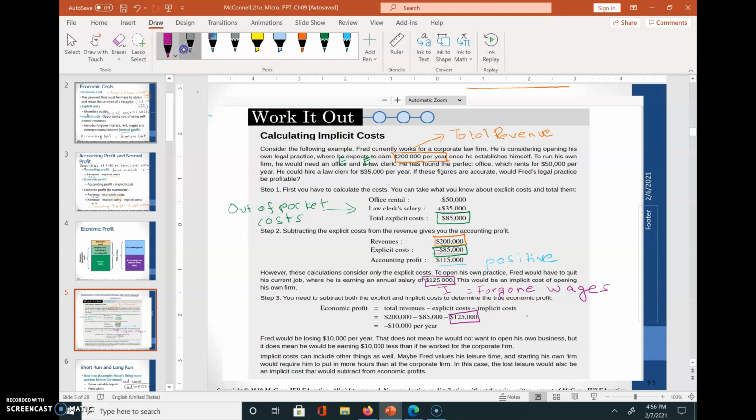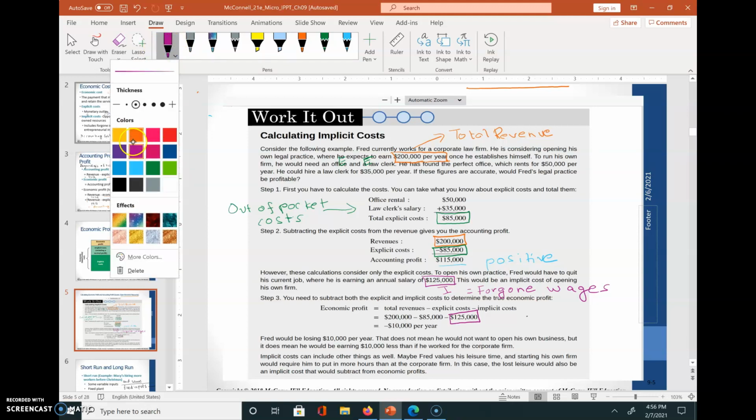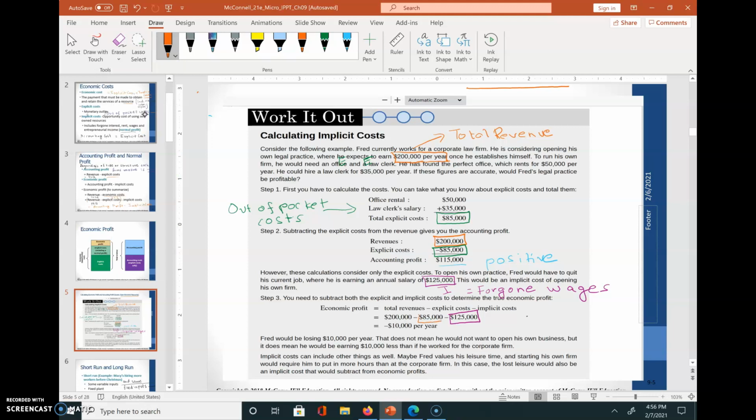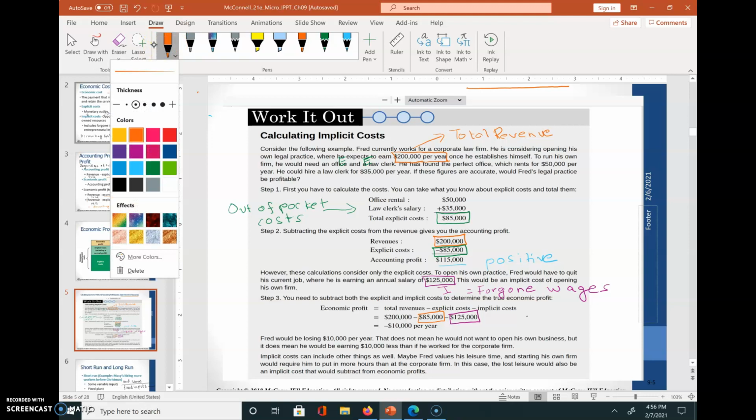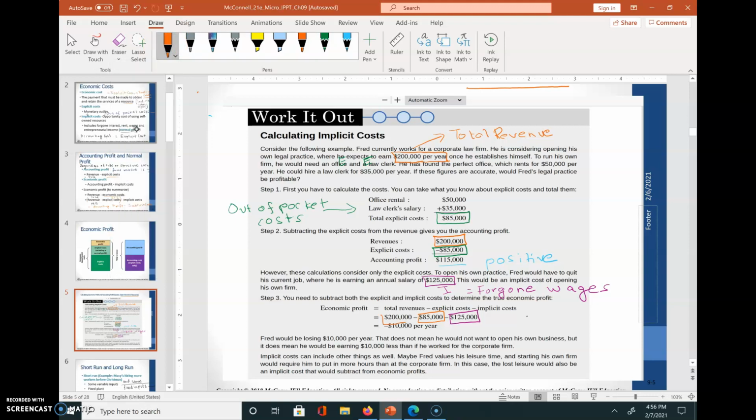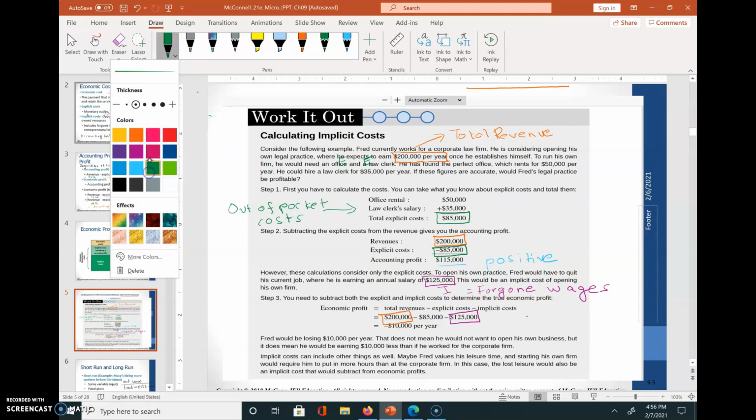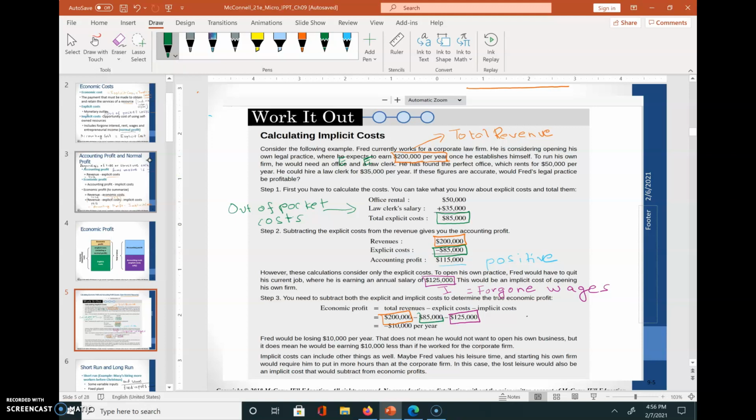Then we have the explicit cost, which is $85,000, and then we have the total revenue, which is this one. Sorry about that, I should have circled this with this ink. And now this 85,000 and 125,000 here. Just going to write here 125,000. This is the implicit cost.